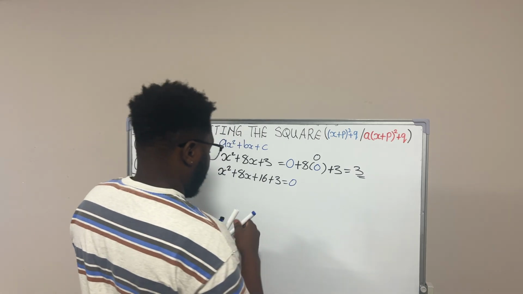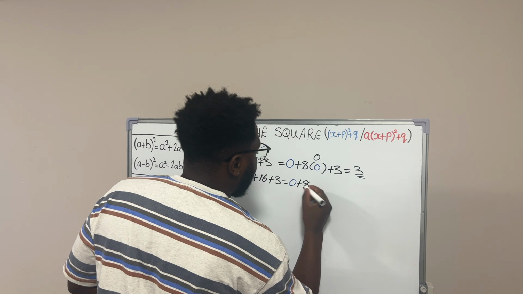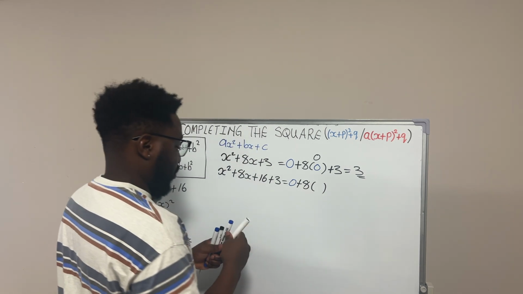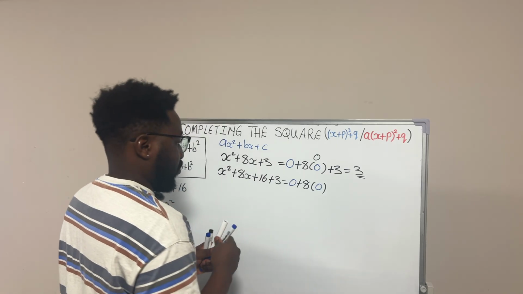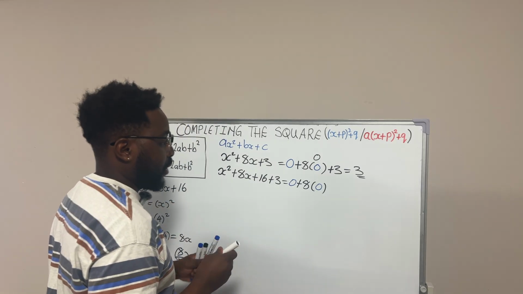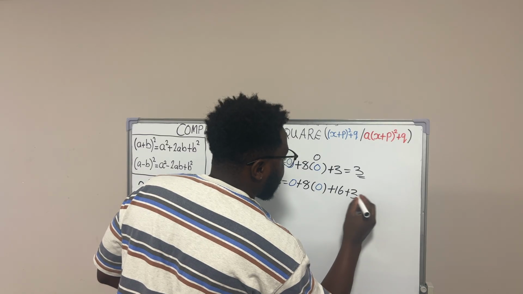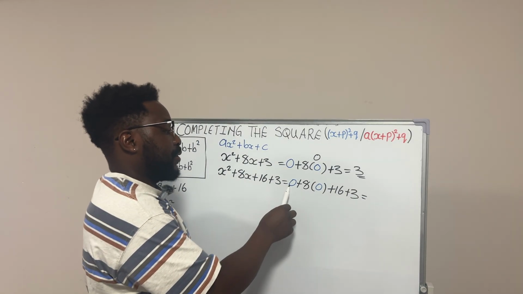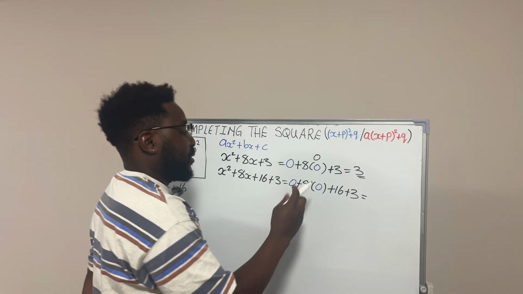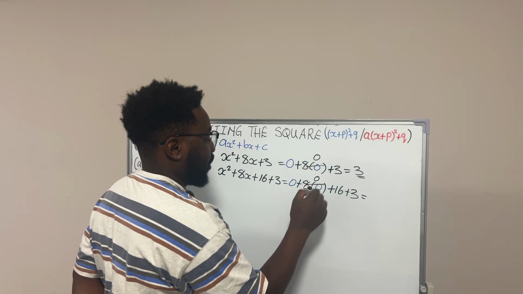Plus 8 times 0, plus 16, plus 3. Let us simplify. Yeah? 0 plus 8 multiplied by 0, that's 0, right? That's just a 0, okay?